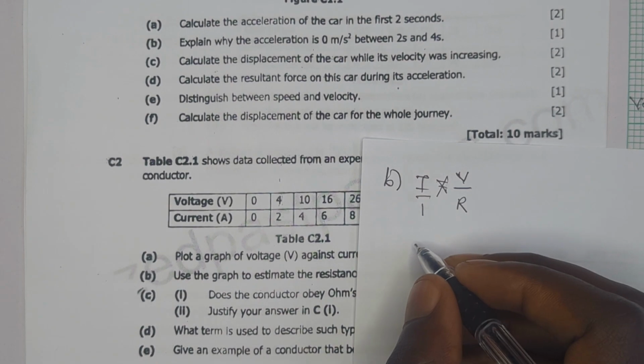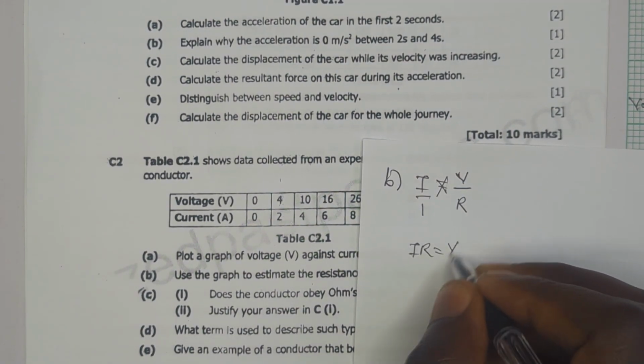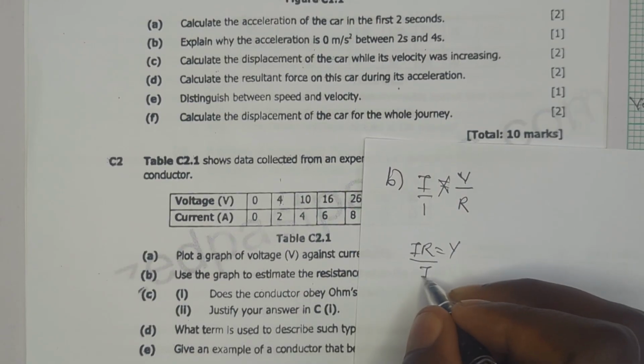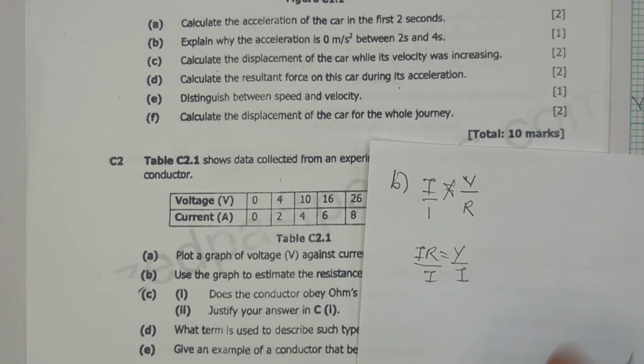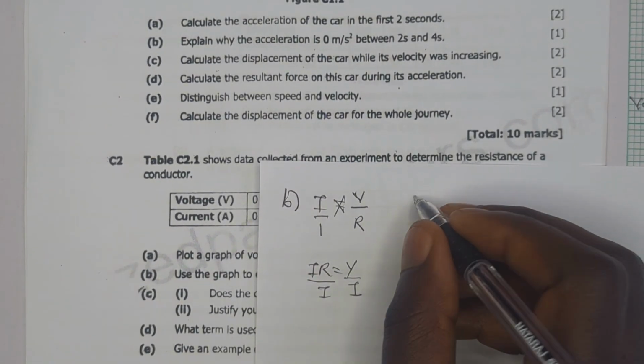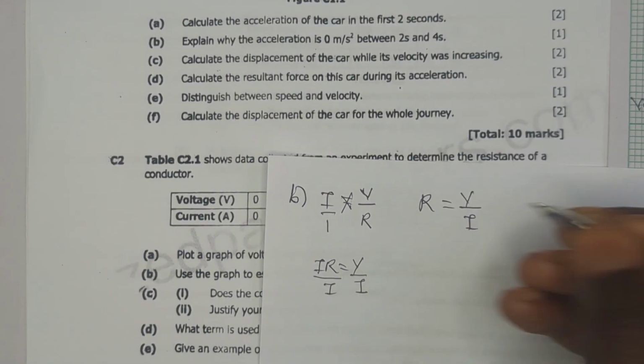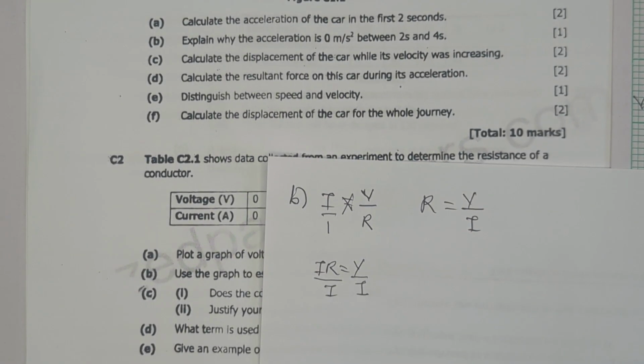So this will be IR is equal to V. Then we divide both sides by current. Resistance therefore will be equal to voltage over current. So this becomes the formula for the resistance.